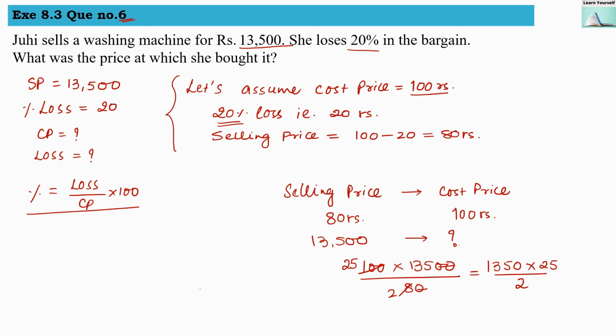So 675 multiplied by 25 gives us 16,875. So this will be our cost price for this washing machine. 16,875 will be the cost price.